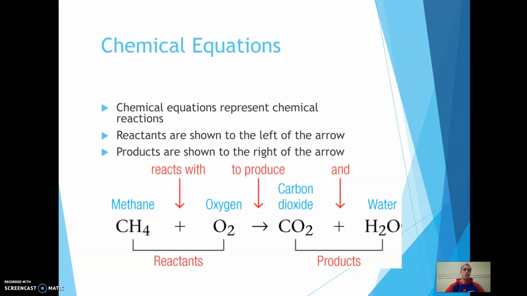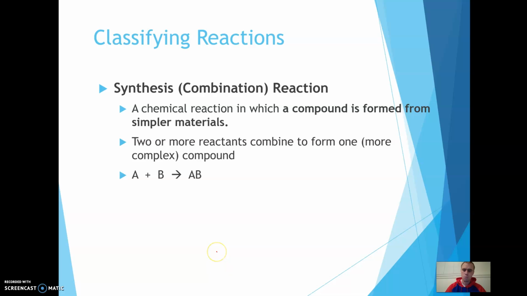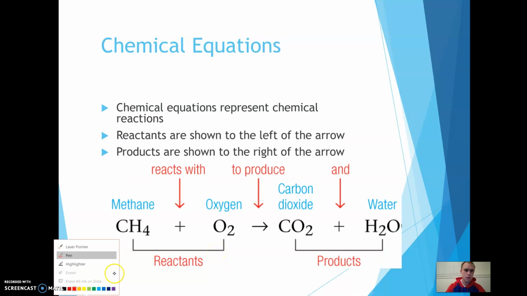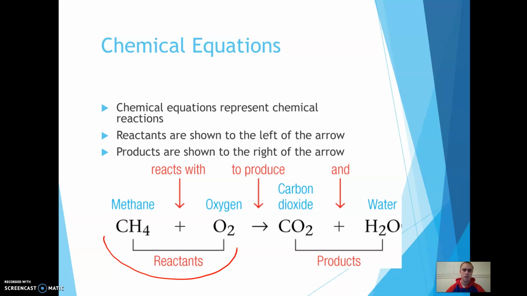Okay, so first off, just a couple of things about chemical reactions in terms of vocabulary. We have the things on the left-hand side of our arrow, and we call these reactants. These are the things that are reacting.